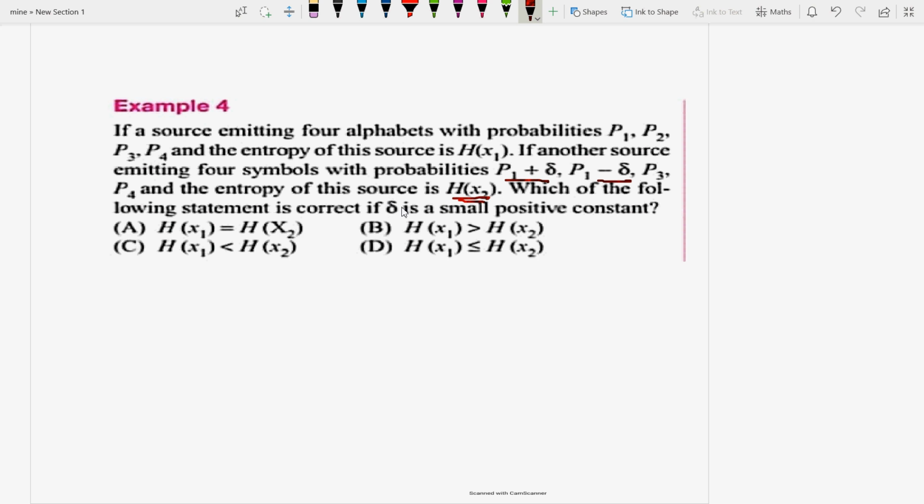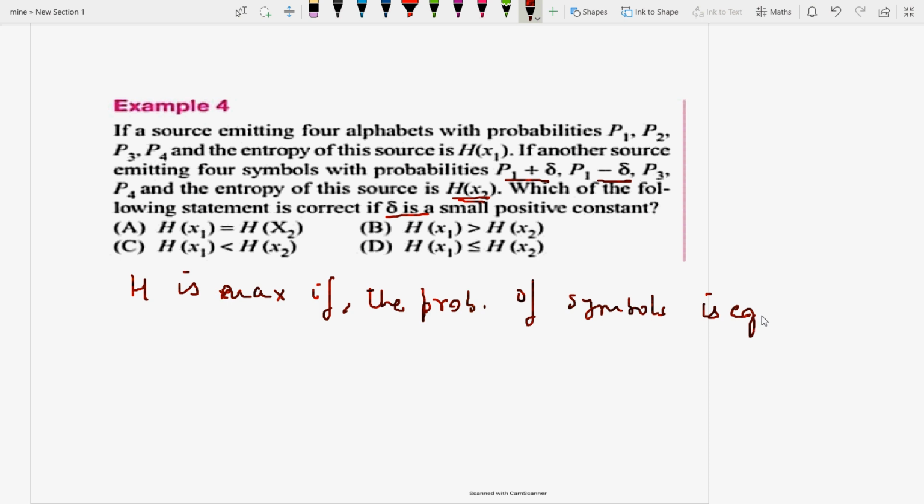Which of the following is correct if delta is a small positive constant? See, entropy is maximum if the probability of symbols is equal. If the probability of symbols is equal, entropy will be maximum.